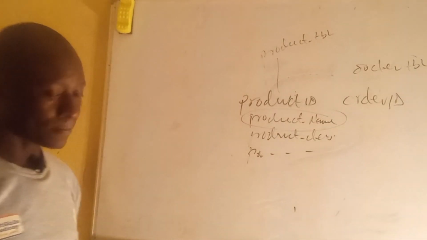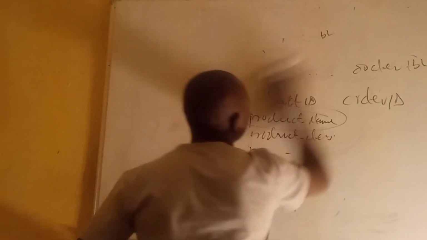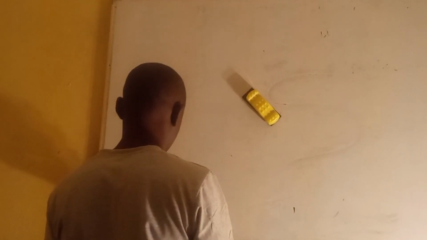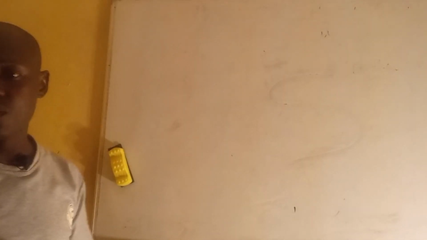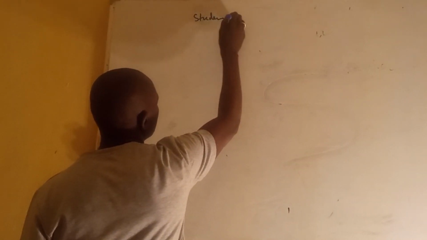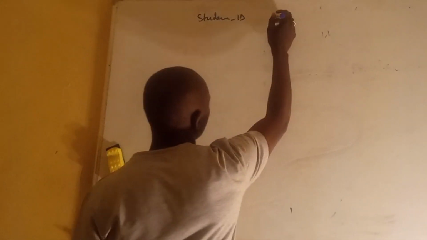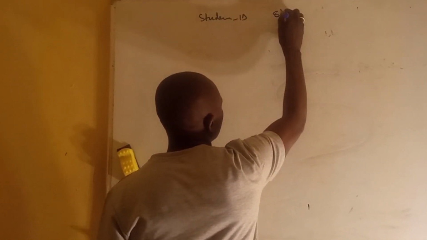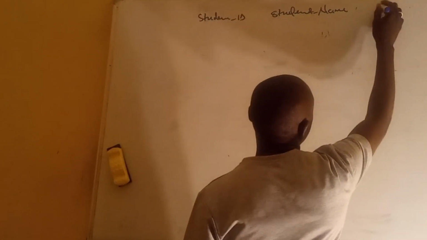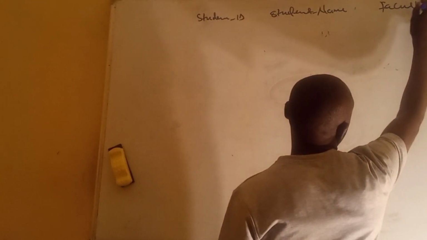So if, for instance, we have this, let's look at this table and see how they go. If we have a table with student name, student ID, and a faculty, we have a table like this: student ID as a primary key, we have student name, and then we have faculty, right?